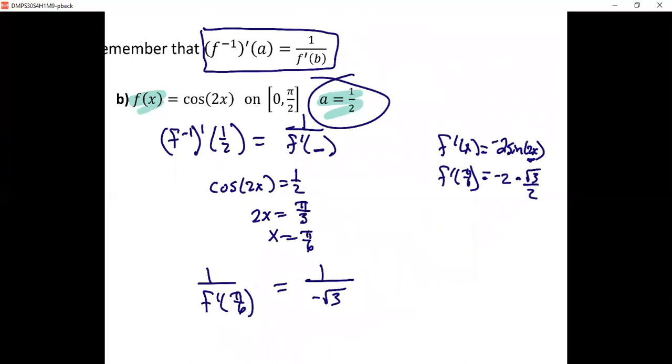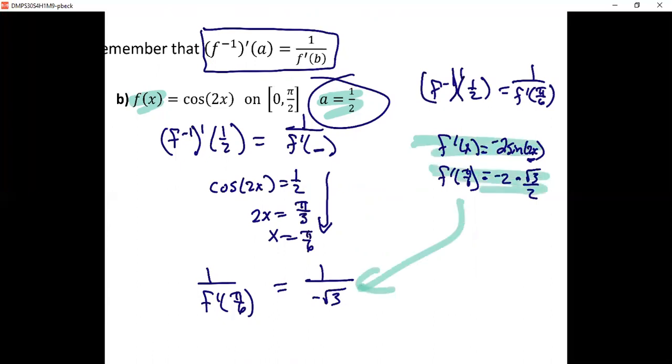As we go through it, this one is pretty easy to find algebraically, that would be x to the 5 over 6. And so we're trying to find f inverse prime of 1/2. That's equivalent to 1 over f prime of 5 over 6. So we find f prime of x, f prime of 5 over 6, and then reciprocate it.